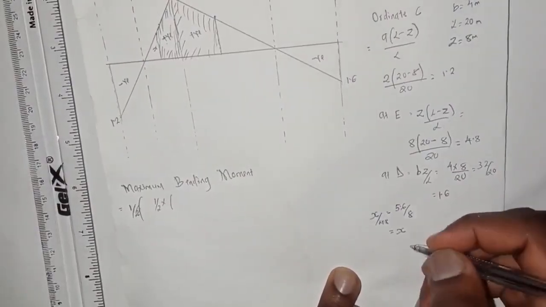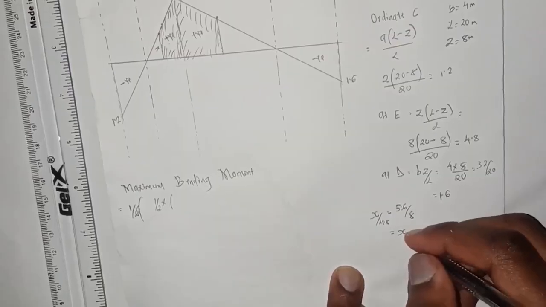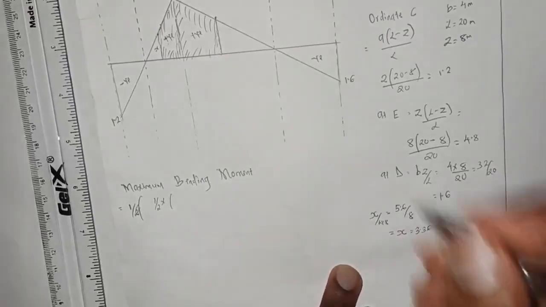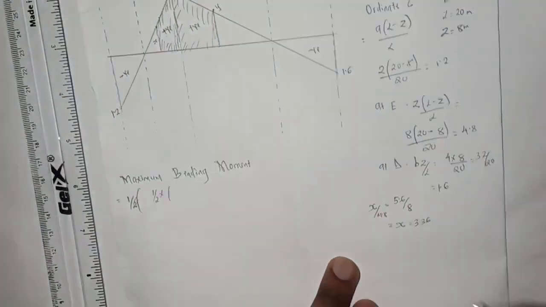So our x, we should get 3.36, and so let's take this one as y.